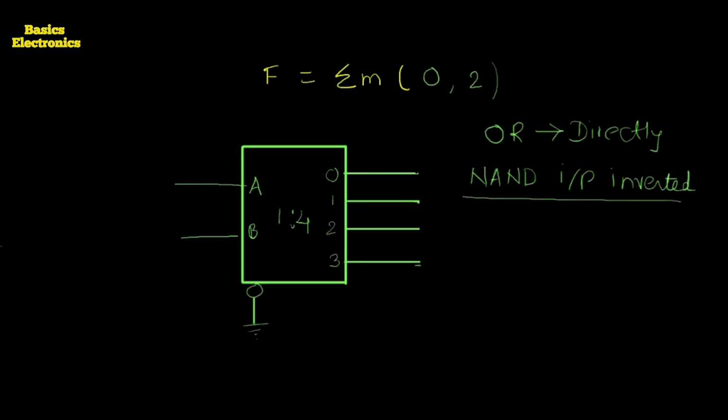For that, we move towards an old topic, universal logic gates. In universal logic gates, what had we seen? We had seen that the NAND gate and the NOR gate, these two gates, we call universal building blocks or universal logic gates.